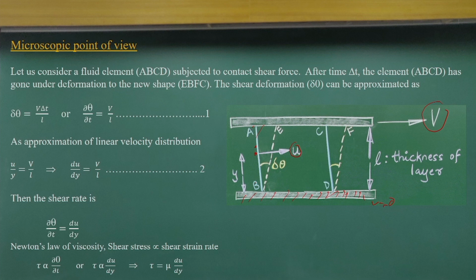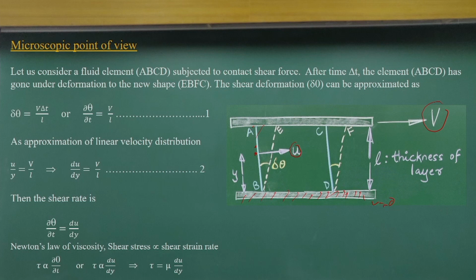If we have a linear velocity distribution, as we assumed, then after delta t time this fluid element will be deformed. An angular deformation will happen, and there will be an angle theta at B and E, F and D. That is the new position of the fluid element after delta t time, and the angular deformation at these points is delta theta.